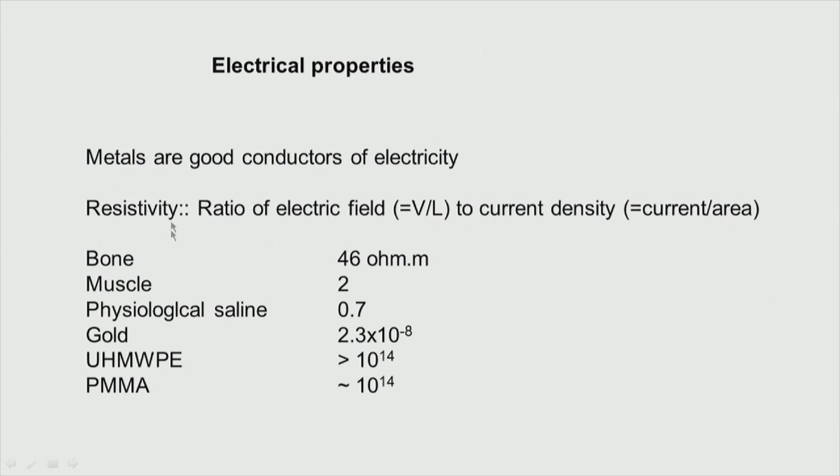Resistivity is the ratio of electric field to current density, and if you look at bone, resistivity is 46 ohm meter, muscle is 2, gold is very, very low, and ultra high molecular weight polyethylene is very, very high when compared to these items. So, the polymers have very high resistivity, and metals like gold have very low resistivity when compared to the various physiological body materials.